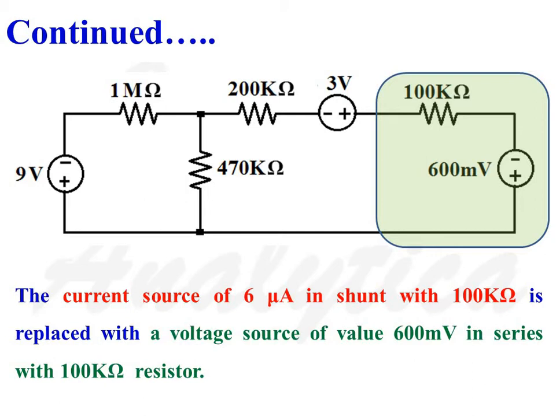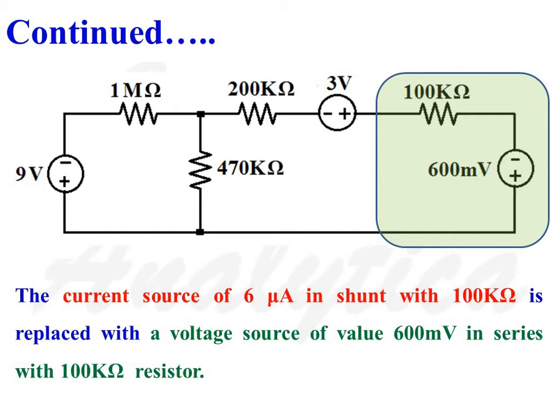Now this circuit can be redrawn after combining 200 kilo ohms resistance with 100 kilo ohms resistance and 3 volt in series with 600 millivolt source.